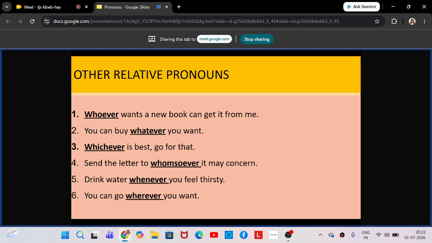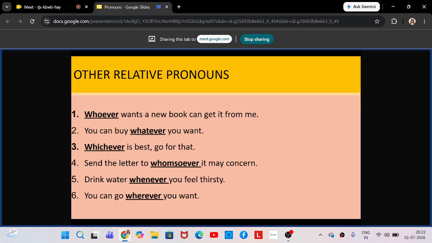Whomsoever means, for example, whoever is the concerned person, whoever is the responsible person. It is for that particular phrase we use the word whomsoever. And then whenever, whenever you want. And wherever, wherever you want.